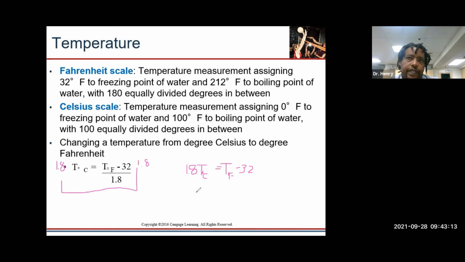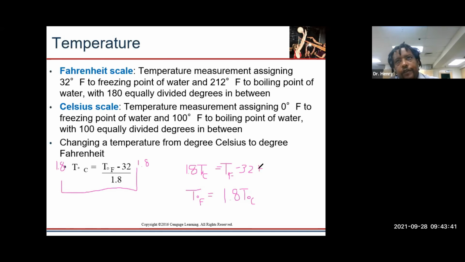If we want to solve for TF, we add 32 to both sides.